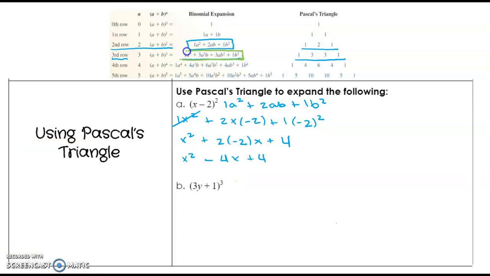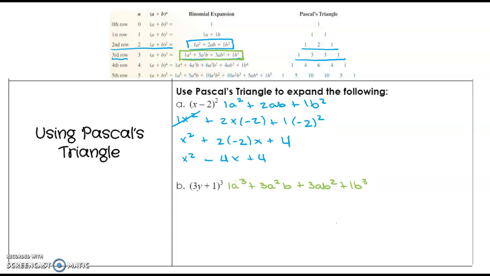So in the table, it tells me that this should be my binomial expansion when I have something to the third power. Okay, so I should have 1a to the third plus 3a squared b plus 3ab squared plus 1b to the third.